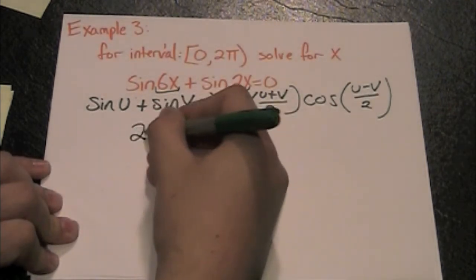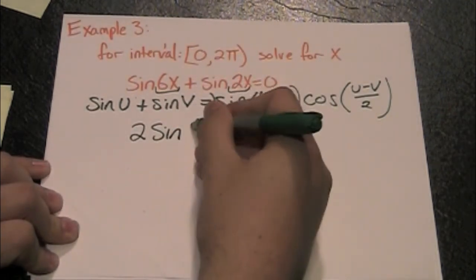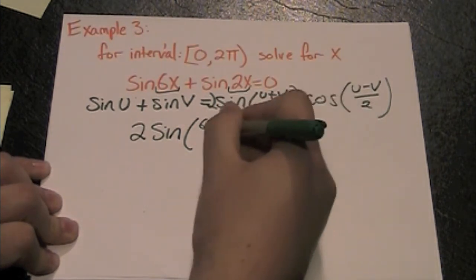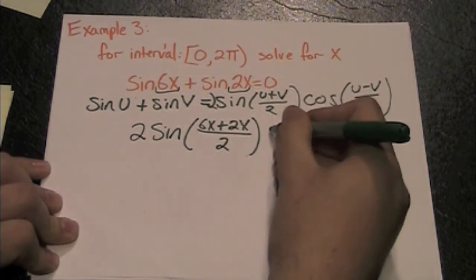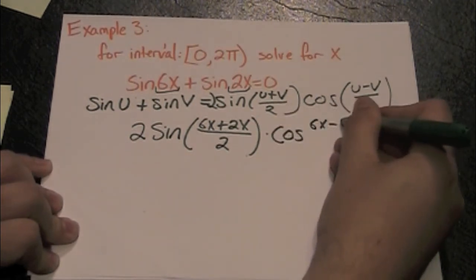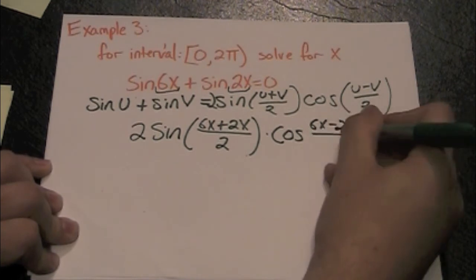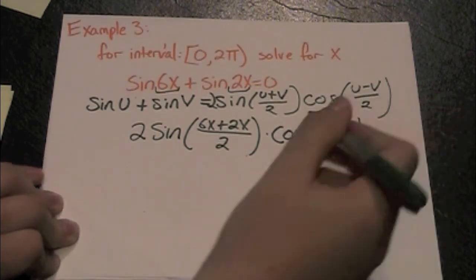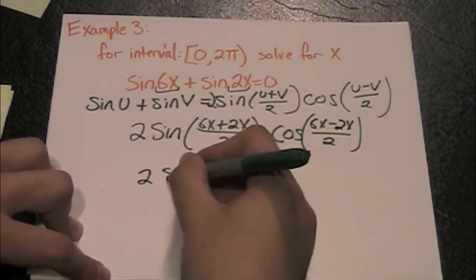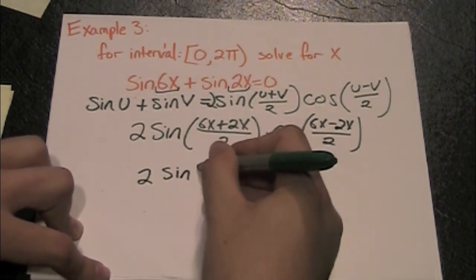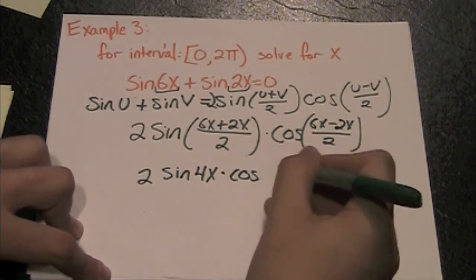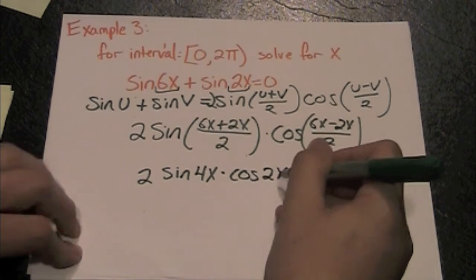And I can rewrite this as 2 sine of 6x plus 2x over 2 times cosine of 6x minus 2x over 2, which is going to give me 2 times sine of 4x times cosine of 2x.